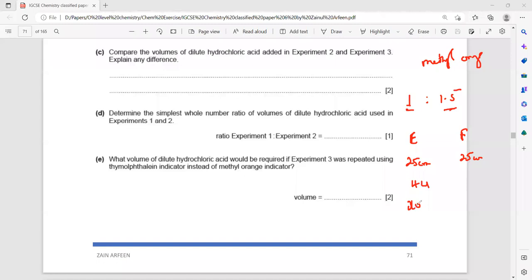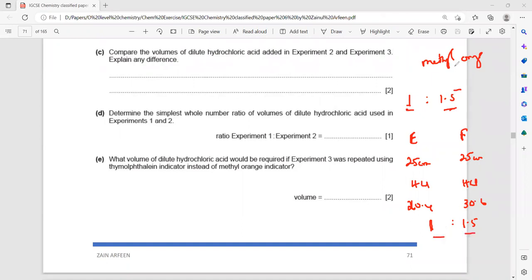Here we need 20.4, and here we need HCl of 30.6. But what if solutions E and F have different concentrations? The presence of the indicator does not make the concentrations different. The concentration of F is 1.5 times the concentration of E. That's why we need 1.5 times the volume.